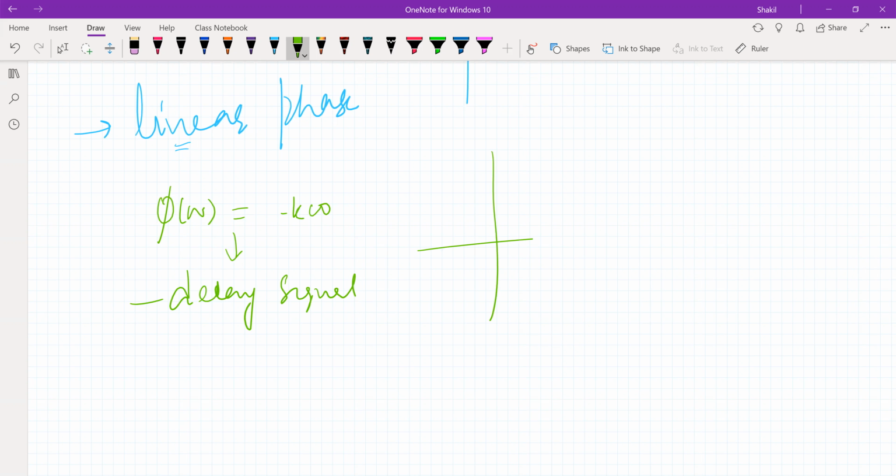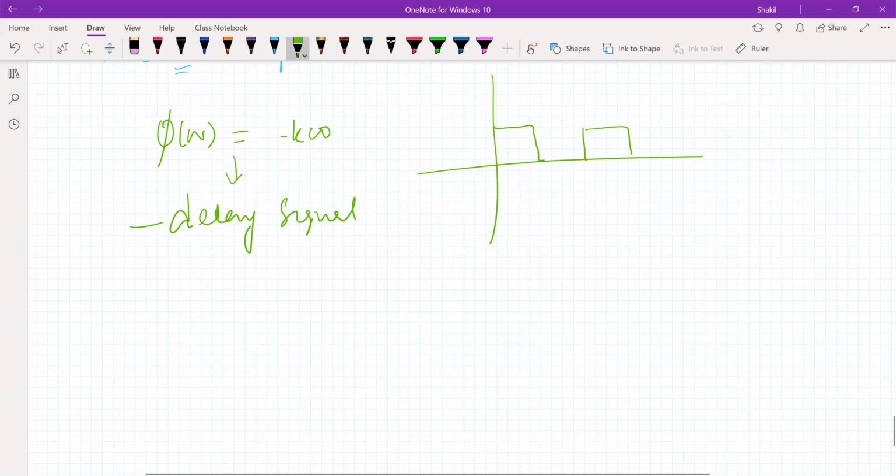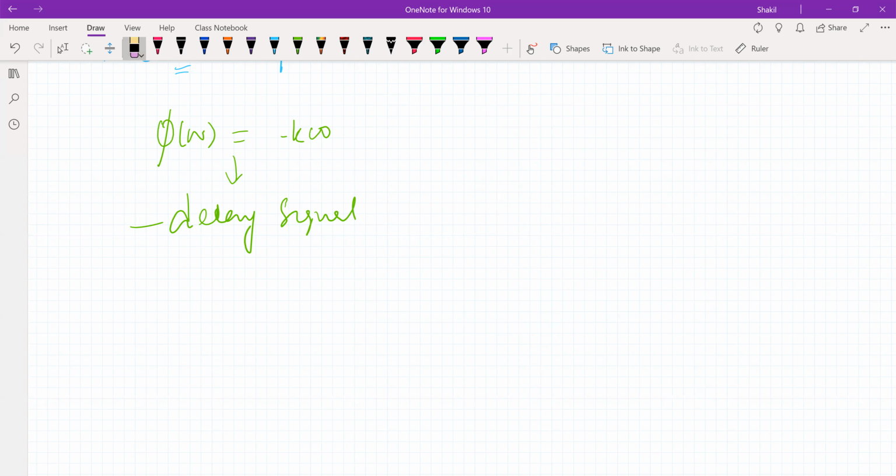For example, suppose this is the input to the system. What will happen if you pass it through a Bessel filter? The output will simply be delayed by some amount, but without any distortion. Let me draw it on the same scale.